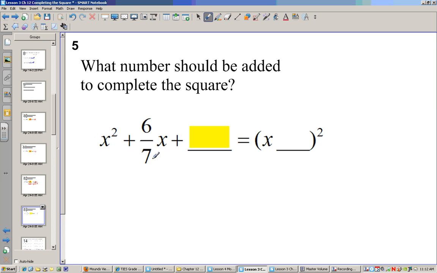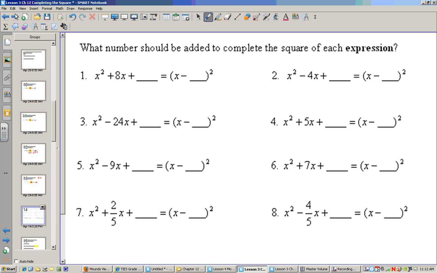Now in this case, half of this will just be 6/14. And then if we square that, we'll get 36/96. All right, so fill out this page and figure out what numbers to fill in both blanks.